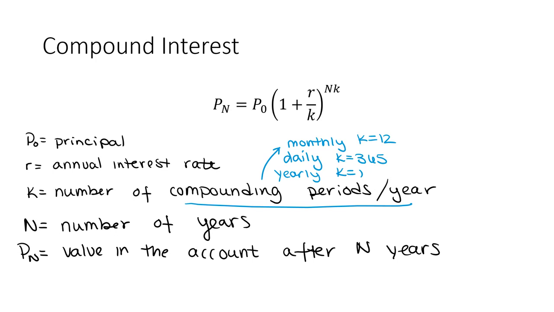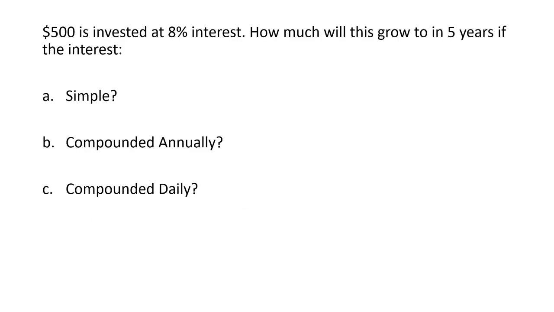So let's see how this formula works in an example. We've got $500. It's invested at 8% interest. How much will this grow to in 5 years if the interest is, and we'll compare this with simple interest, compounded annually, and then finally compounded daily.